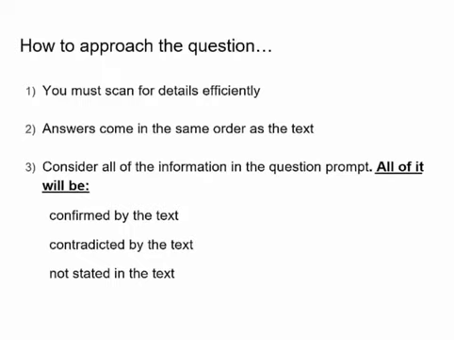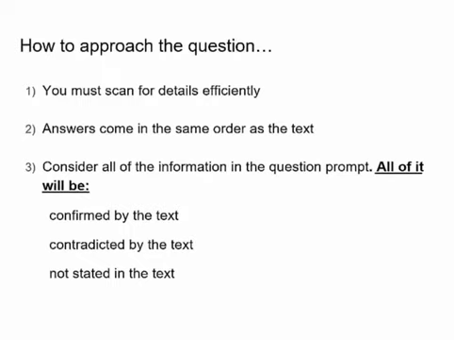Okay, so the full idea, all of the points made in the question prompt itself, need to be found somewhere in the text, okay? That's when you can answer true or yes, depending on what question type you have. If you find something that disagrees directly with the statement in the prompt, in other words, it contradicts the prompt, then you can say no or false, okay? So there has to be information in the text that goes against the statement you're looking at in the prompt. That's where you can answer no or false, okay?